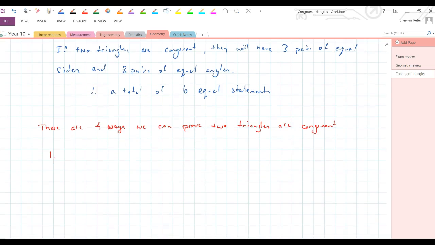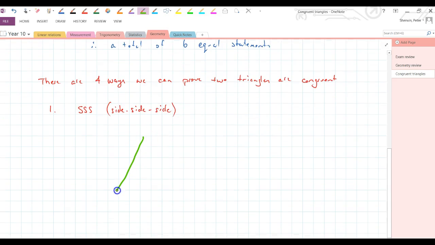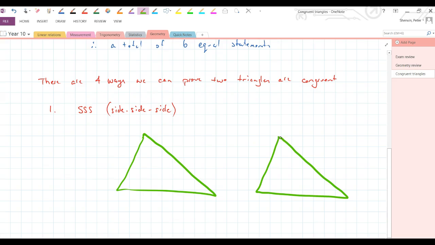is called the SSS rule, side, side, side. So what this one says is that if I've got information that three pairs of corresponding sides are equal, so that side and that side, that side and that side, and that side and that side.